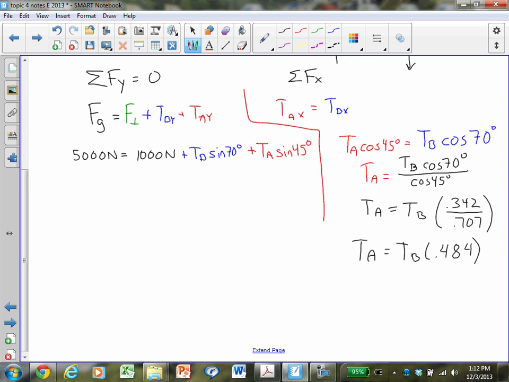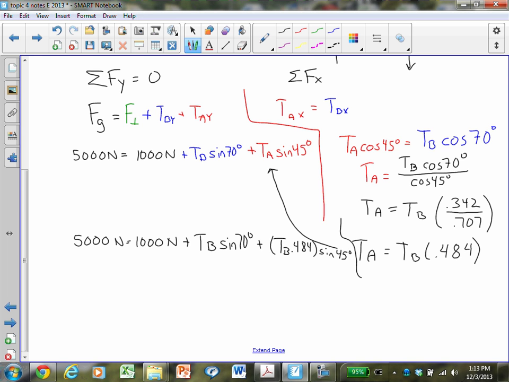So we know that. Now what can we do? We could take this and plug it in, right? So we would have 5,000 newtons equals 1,000 newtons plus TB sine 70 plus, instead of TA, we're going to write TB 0.484 times sine 45. Now let's clean this up a bit.